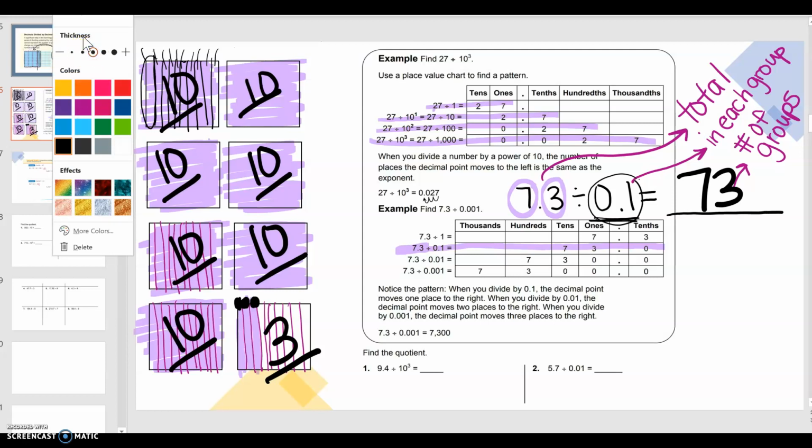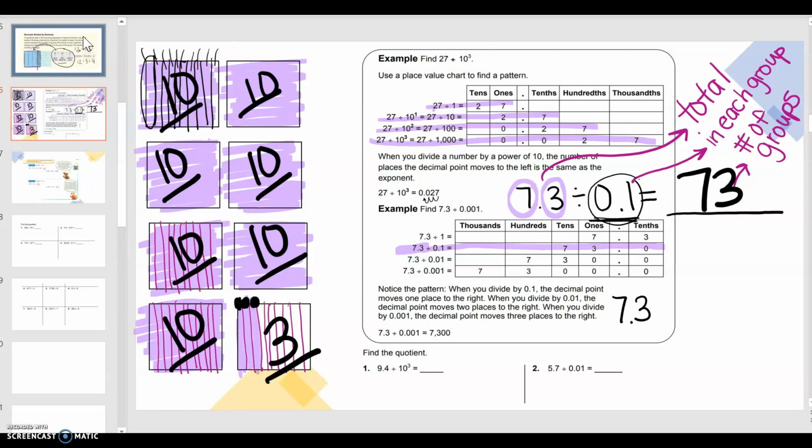Another way you could think about this is that we're just changing this into a whole number. We're saying 7 3/10 divided by 1/10. Make sure I don't make any mistakes here.